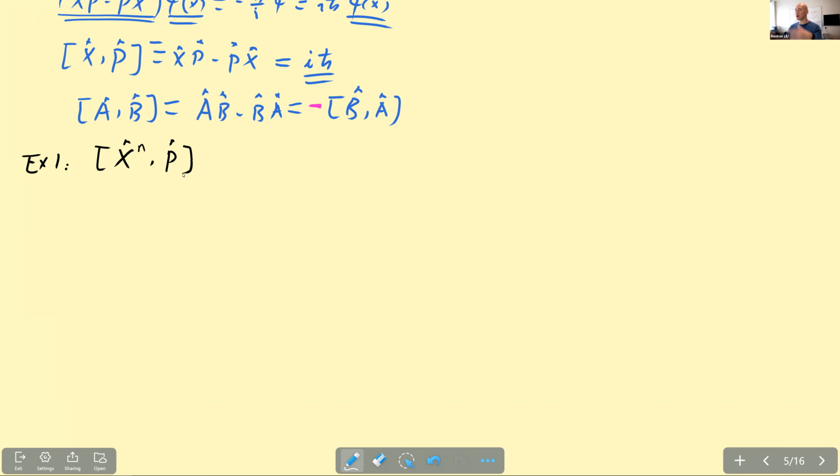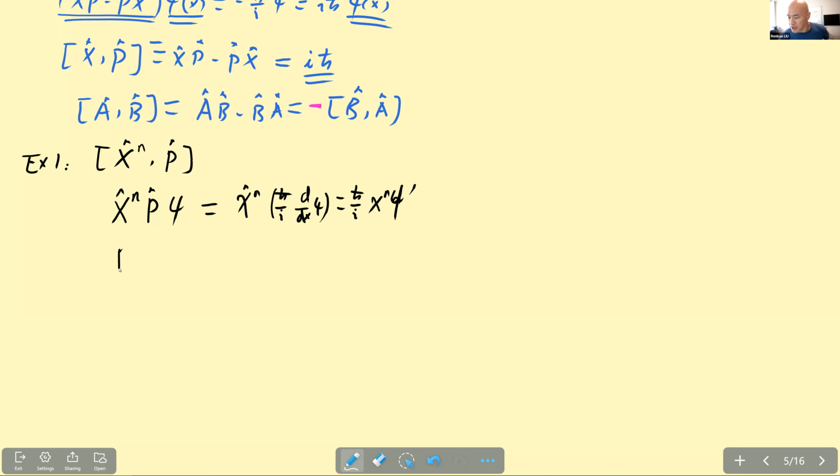What we need to do is apply this on a wave function and see what will happen. So this will be x to the nth power and p on this wave function. This of course is just x to the nth power, h bar over i, d over dx of psi. So it's nothing but h bar over i, x to the nth power, and psi prime.